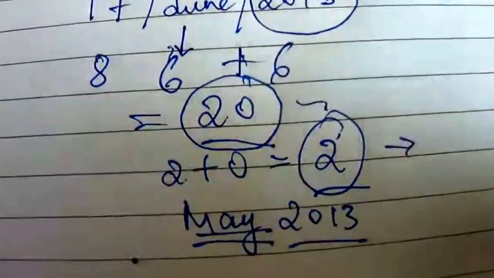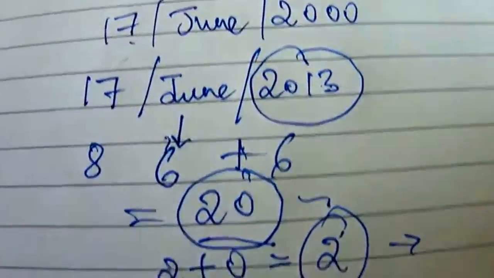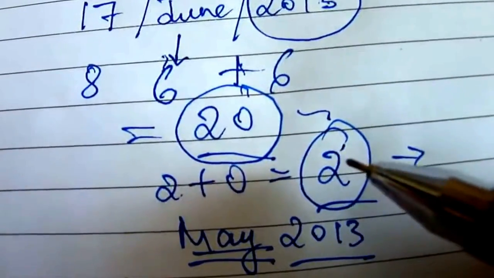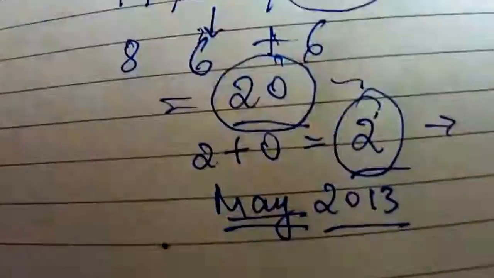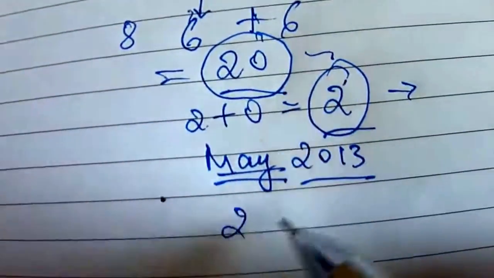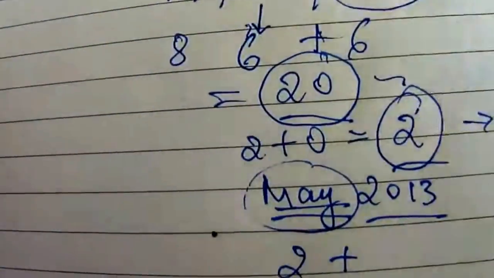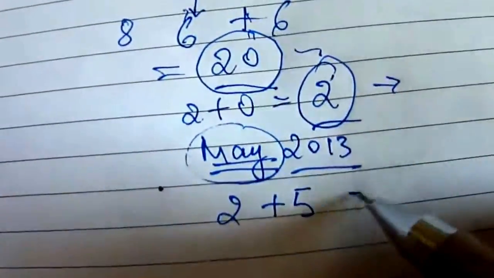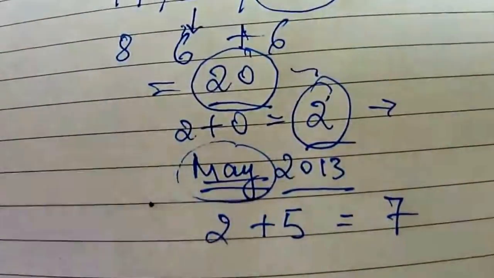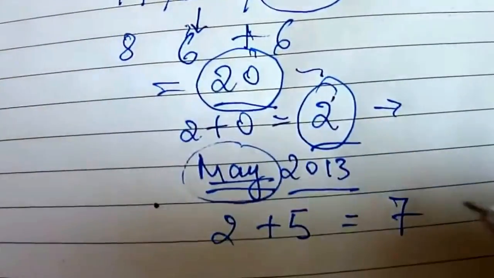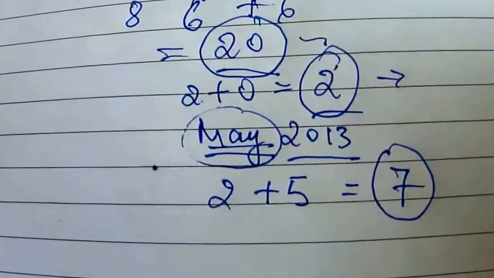We calculated that for this person who was born on 17 June 2000, his personal year number was 2, and now we want to find for the same year in the month of May what will happen. So you add 2 to the month May. Now May is what? January, February, March, April, May. So it's 5. So his personal month number, that is the month of May, will have the qualities of 7, or will be driven by the qualities of 7.